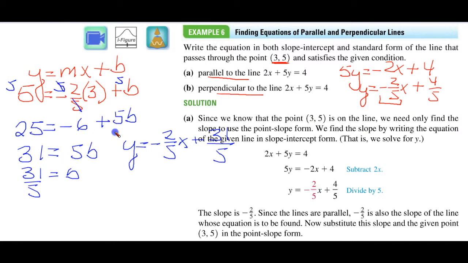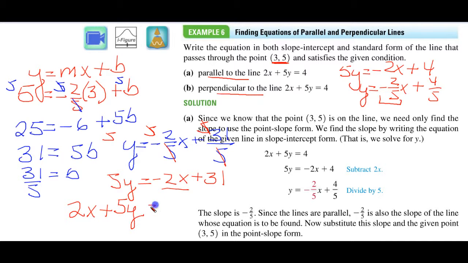But to get rid of the fractions now, we multiply everything by 5 again. And we get 5y equals, this cancels out here, negative 2x, this cancels out, plus 31. And now we're going to transpose this to the other side, and we get 2x plus 5y equals 31.